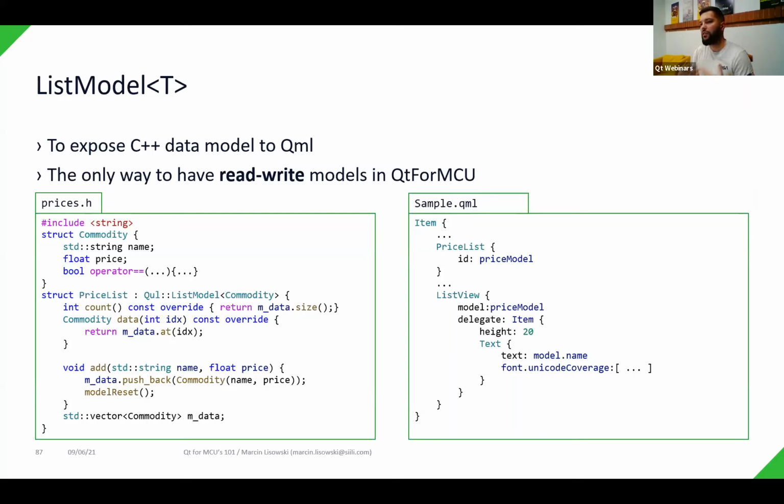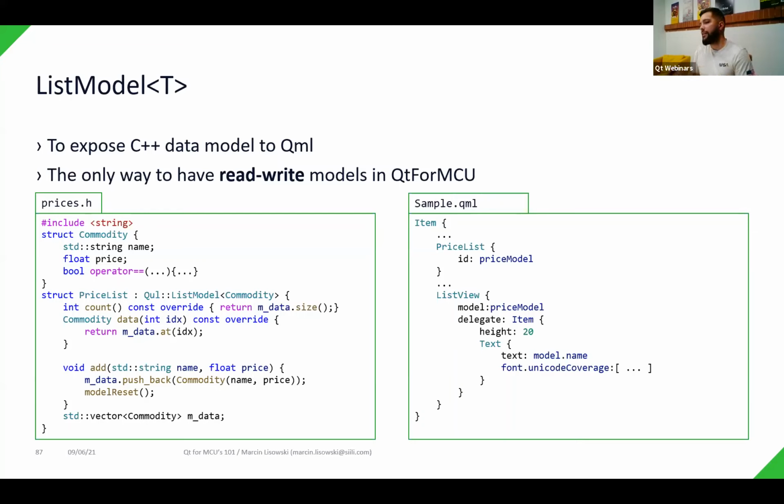Of course, such a model can still expose additional properties and functions. In this example, you can see that besides those two required functions that you have to override, there is an add function exposed that takes some string and a price, and you can update your model from the QML by just calling this add function, and that's not a problem.